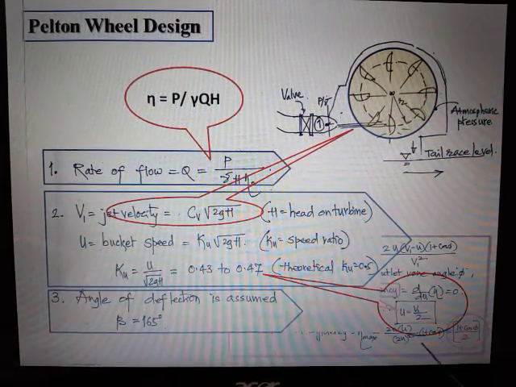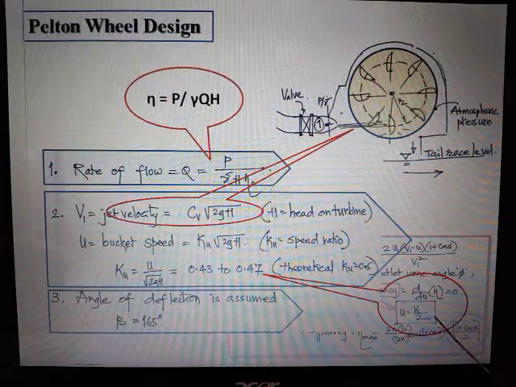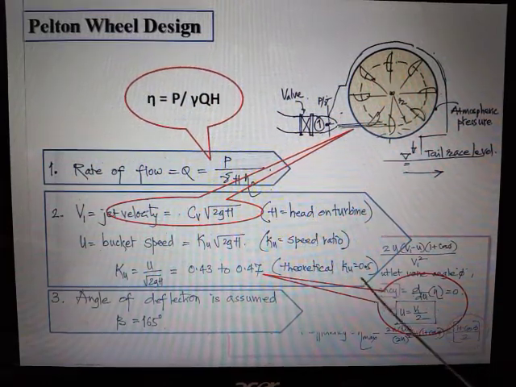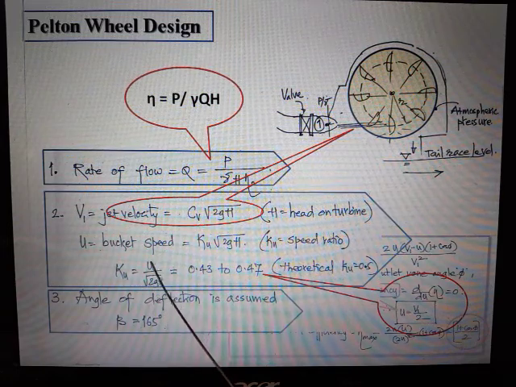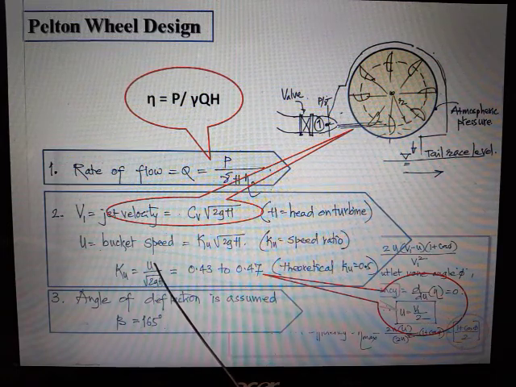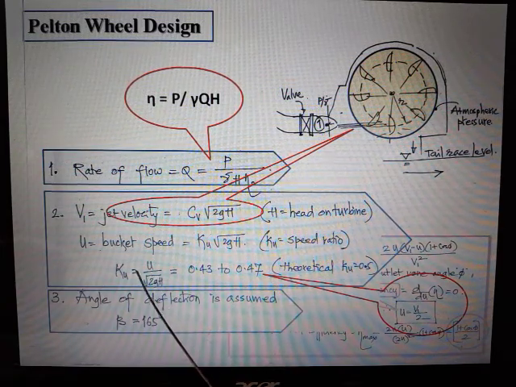As we have studied earlier, for maximum efficiency, U should be equal to V1 by 2, or U equal to 0.5 times V1. But because of some practical difficulty, what is done is the ratio of velocity of vane divided by root 2gH.